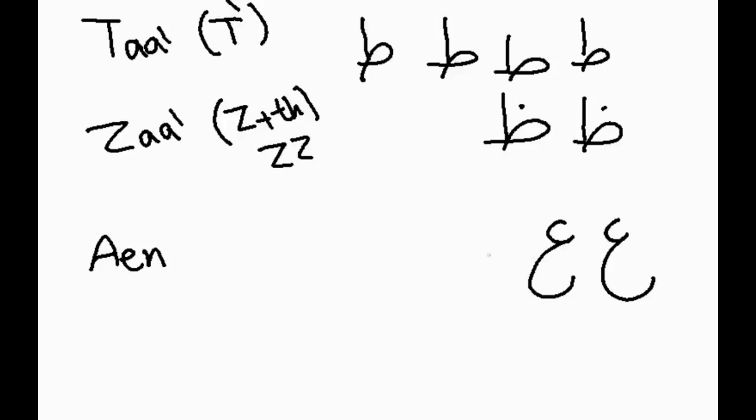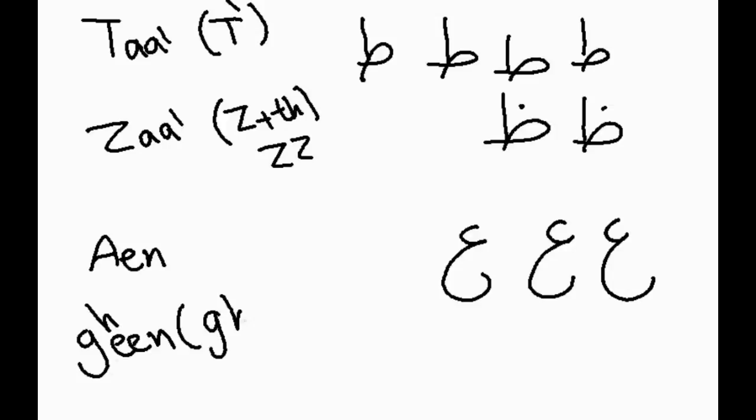You have to pronounce it from your throat. Then ghain, which sometimes is written GH and pronounced like G. It's similar to ain, with a circle and another part circle, but with a dot on top.